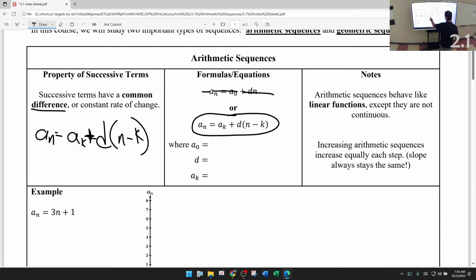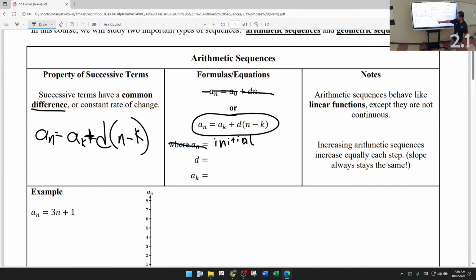Again, a sub 0 I'm not using because this one doesn't have an a sub 0. That would be what they call the initial term. But like I said, I don't use a sub 0 because I don't use that formula. I just use the second formula.